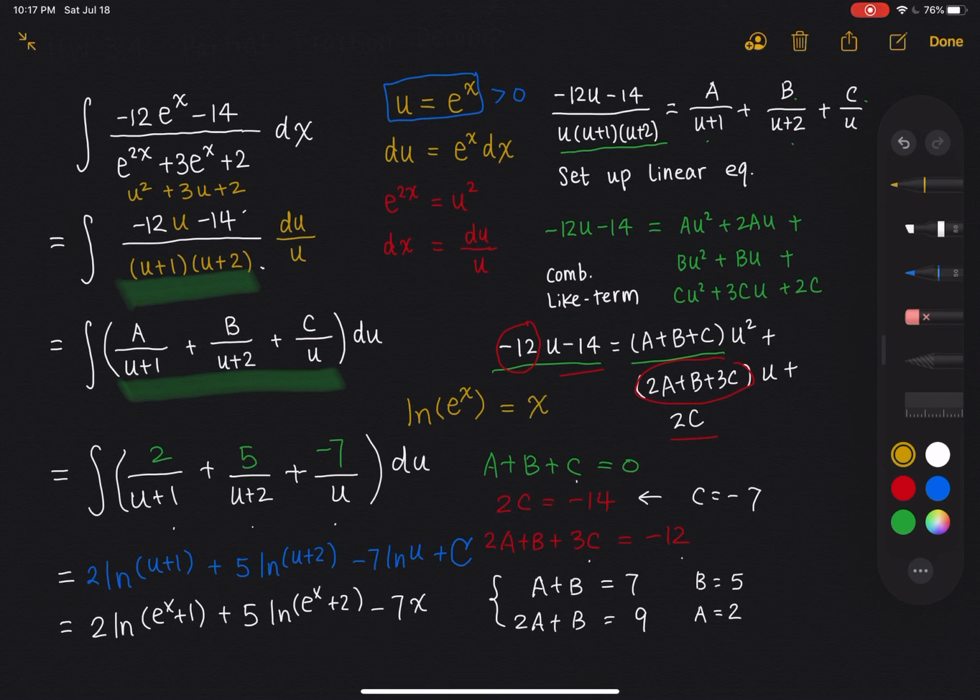The exponent is just x. And then at the end you plus the constant c. This c is different from the little c up there. So this is the solution for this problem.